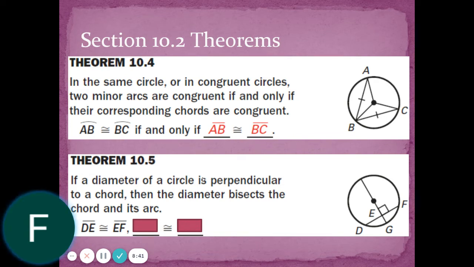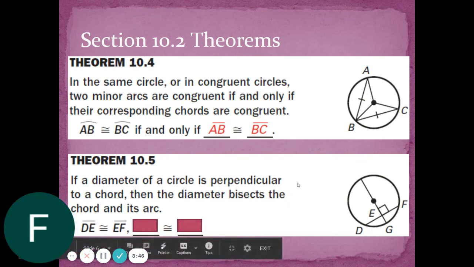Next, we have theorem 10.5. This one says if the diameter of a circle is perpendicular to a chord, then the diameter bisects the chord and its arcs. So here's our diameter going through the center. It's going to be perpendicular, and if it's perpendicular, it must bisect this chord DF, which then in turn also bisects that arc DF.